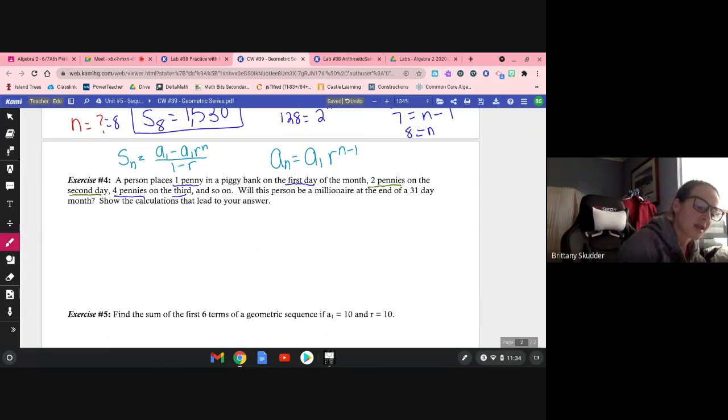All right. So on day 1, it was 1 penny. So A1 is equal to 0.01. That's how you represent a penny. On the second day, it was 2 pennies.